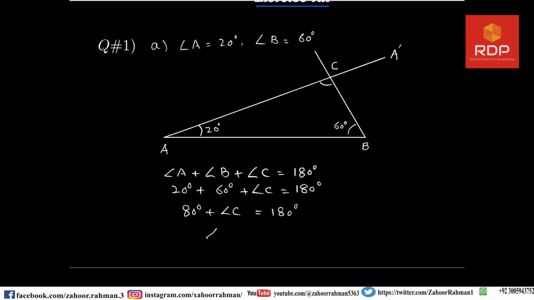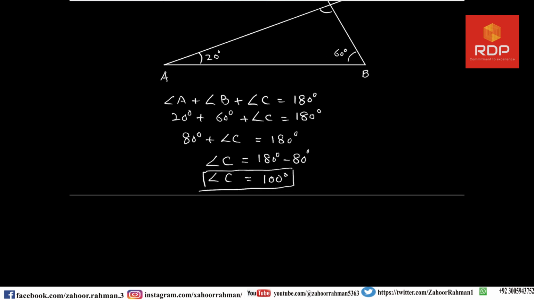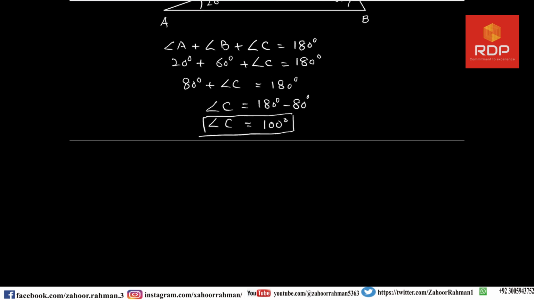Now shifting this 80 to the other side of the equal symbol, we will get the negative of that value. In this case, this will be equal to minus 80. So let's subtract it, and we are getting the third value to be 100.